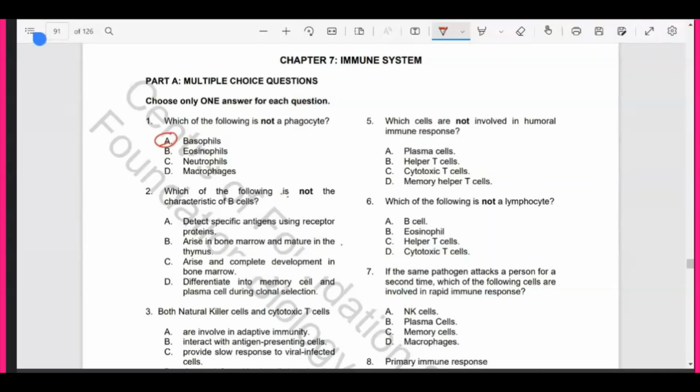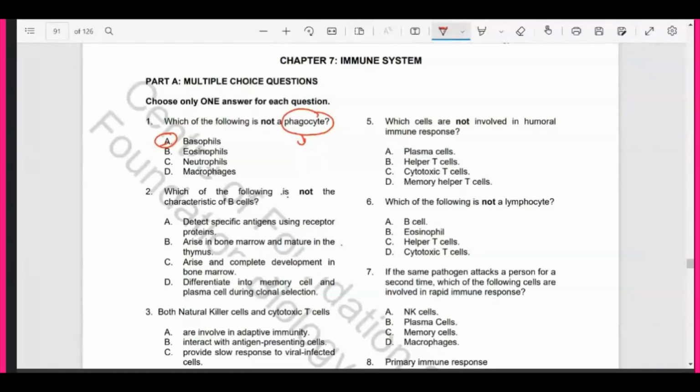Jawapan dia A, tapi what do you understand on phagocyte or phagocytic cell? Phagocyte tu dia kill pathogen through phagocytosis. Okay, so phagocytes are white blood cells that kill pathogens by engulfing them through the process of phagocytosis ataupun endocytosis.